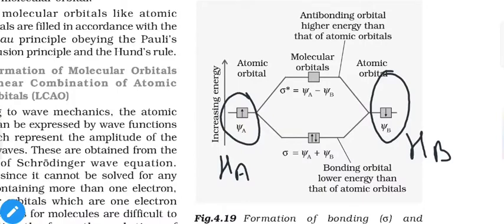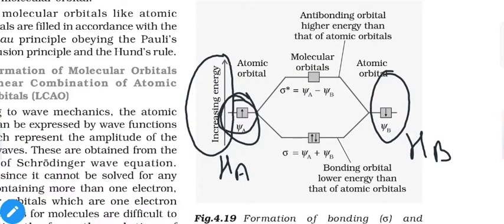One of them will be a bonding molecular orbital and one will be an anti-bonding molecular orbital, as already mentioned in the salient features. Bonding molecular orbitals will have lower energy than the anti-bonding molecular orbital. As you can see here, the increasing order of energy is mentioned, that means as you move from bottom to top, the energy increases.